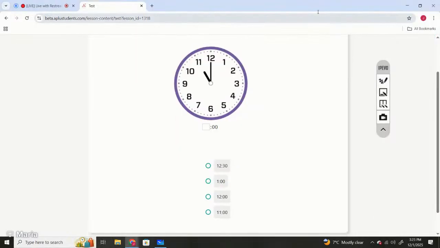That means 11 o'clock it is. 11 hours and 0 minutes. The correct option is 11 o'clock. Option number 4 is the correct option. Very good.